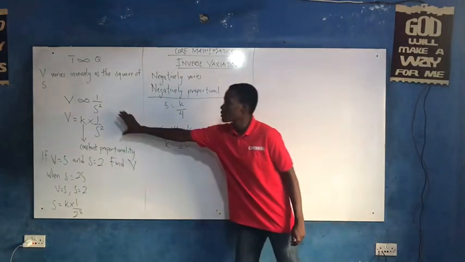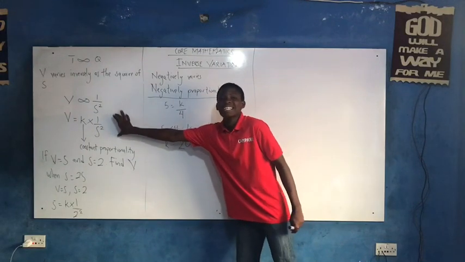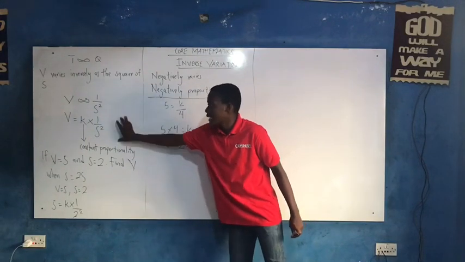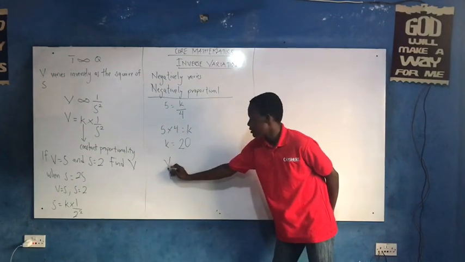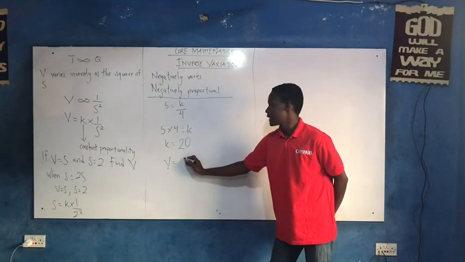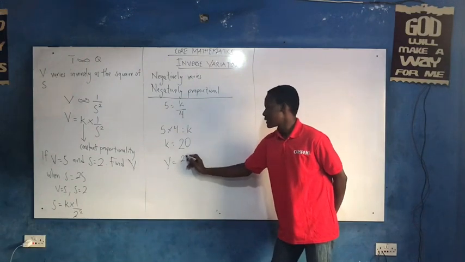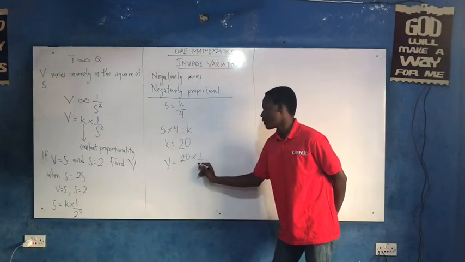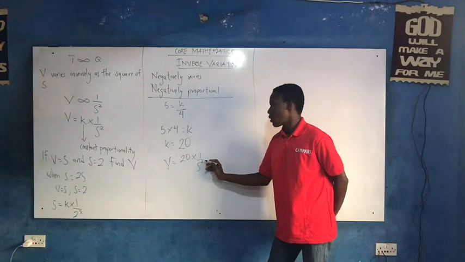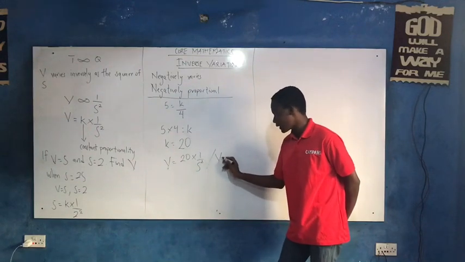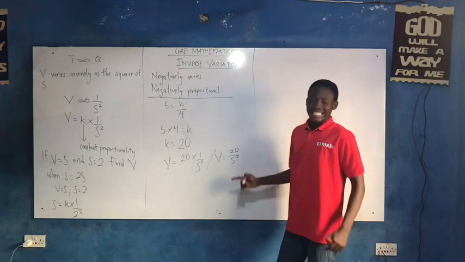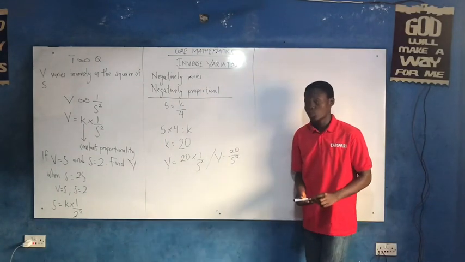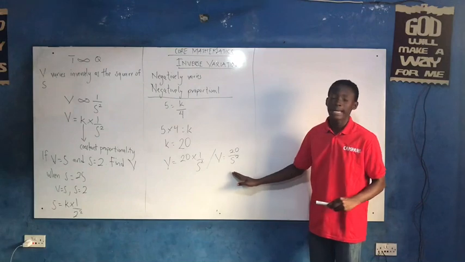After putting it into the equation, this will tell us the relationship between V and S. So V should be equal to K, which is 20, times 1 all over S squared, or V equals 20 all over S squared. This is the relationship between V and S.